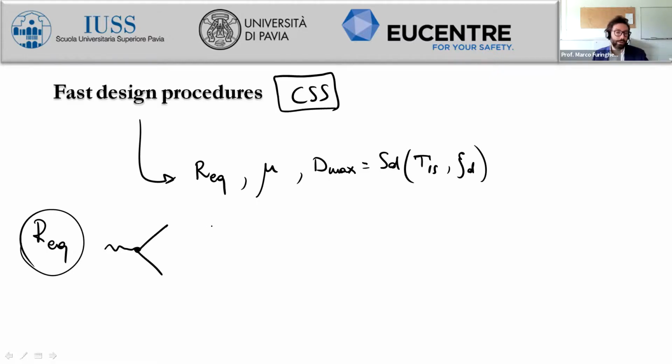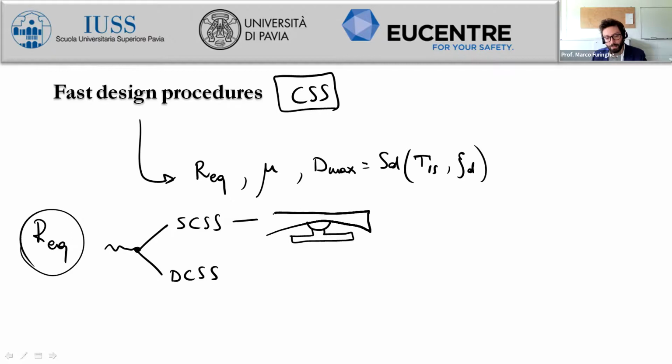Do we have to consider a single curved surface slider or a double curved surface slider? If we have this particular typology of device, as we have seen in the previous lectures, we have just a hinge and then the main sliding surface.